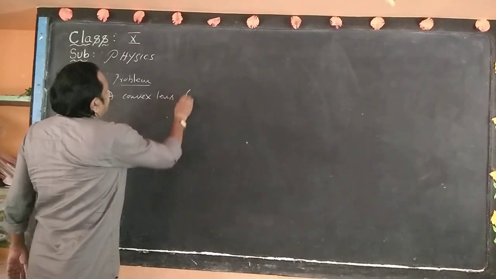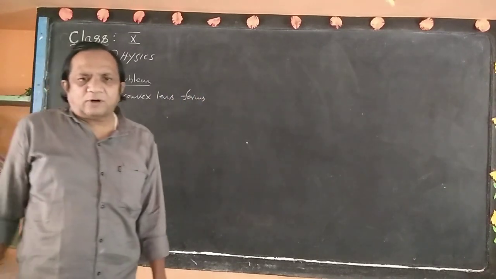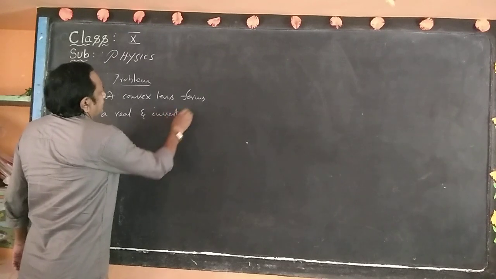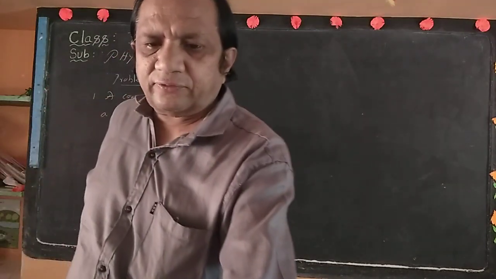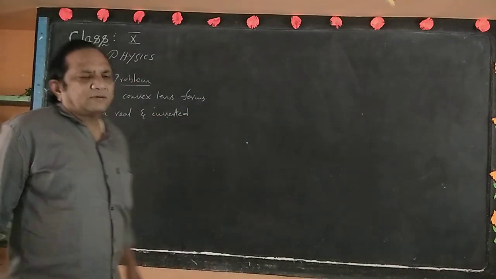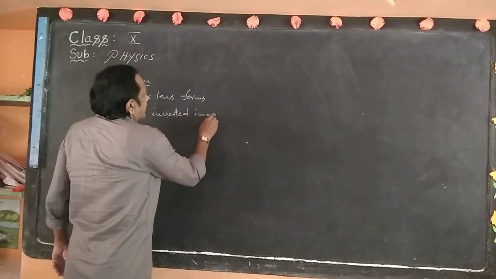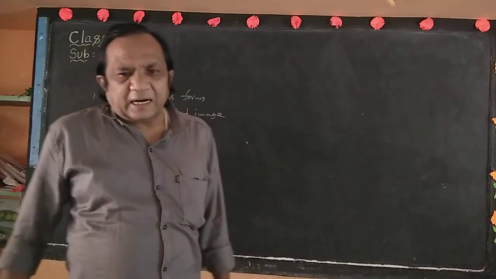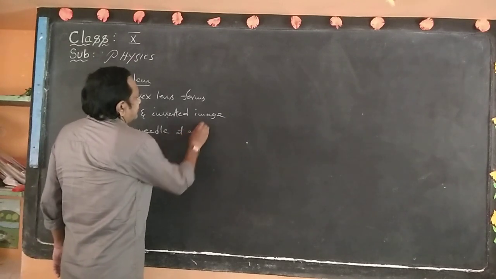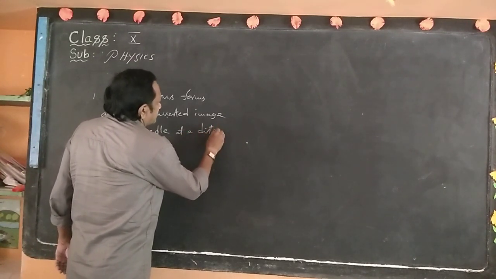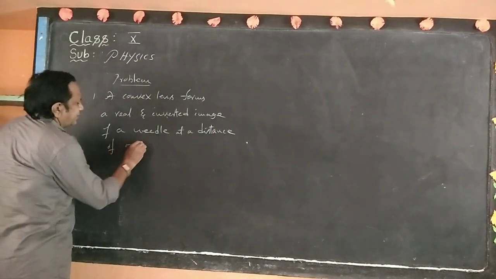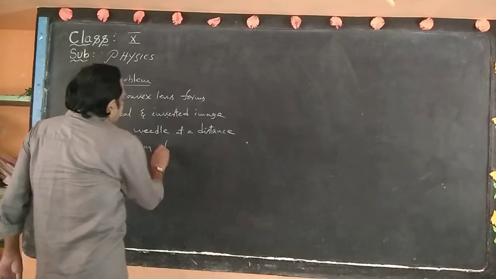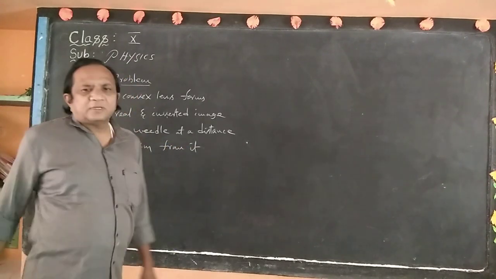A convex lens forms a real and inverted image of a needle at a distance of 50 centimeters from it.